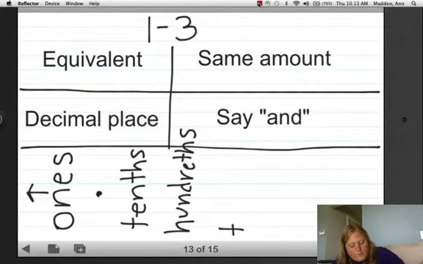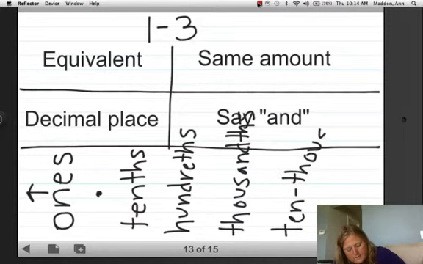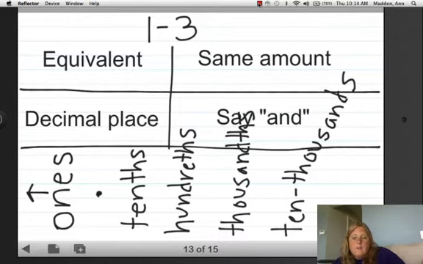Then we have the thousandths. And the last one that I want you to write down is the ten thousandths. It's a little messy there on my paper. Hopefully you have it written a little bit nicer. To remember, we have the ones place value, those are the wholes, then the decimal point, then the tenths, the hundredths, the thousandths, and the ten thousandths.